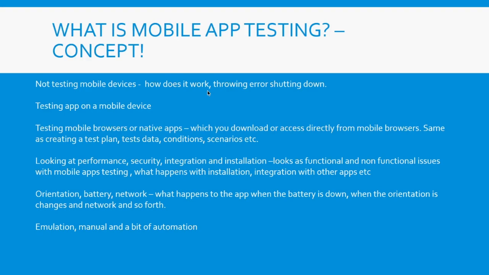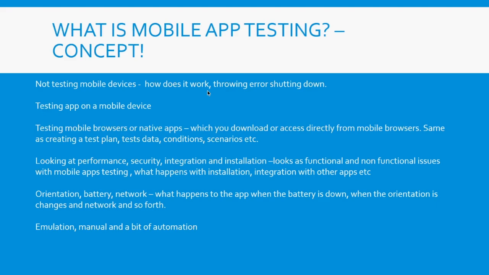When you download an application onto your mobile device or tablet, how does the device work with other applications? Is there any conflict, and are there any issues with the configuration, the settings, and so on?